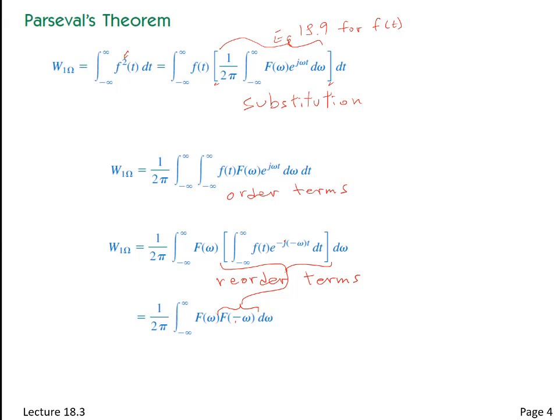I had e to the j omega t, that's equation 18.8, and now I say, but I want to work in minus omega, so it's e to the minus j minus omega t. It's still the same thing, and now I'm working in minus omega. Okay? That's what's going on there. It's just substitution and reordering terms. But you had to catch this little plug-in right here.